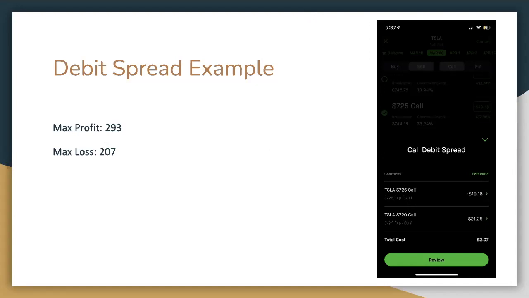When this expires in the money, these are both in the money, and when options expire in the money, they can be exercised. So say Tesla expires at 726, whoever owns the 726 call that you sold to someone will exercise that for 100 shares. Those 100 shares will come from the 720 Tesla call that you bought, that's yours.